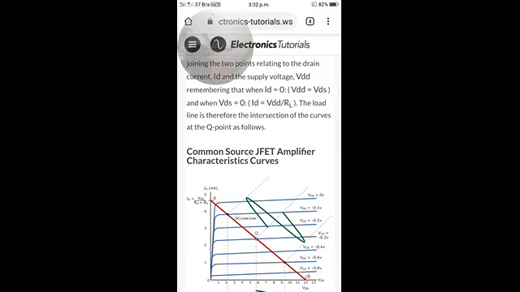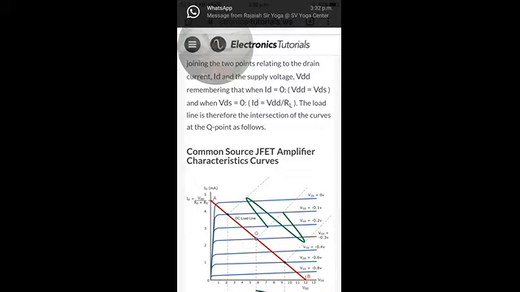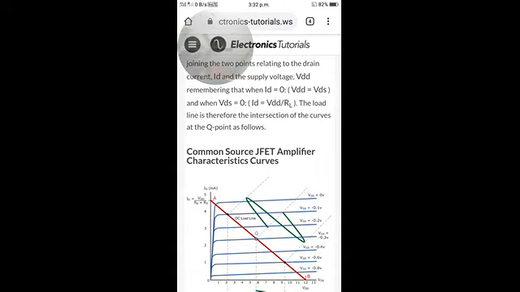So here, similar to the common emitter amplifier, when IC is 0, we have VCE equal to VCC. In the common emitter amplifier, we have the output equation VCC is equal to ICRC plus VCE. So when IC is 0, VCC equals VCE. Similarly here, when ID is 0, VDD is equal to VDS. The IDRD drop is 0.